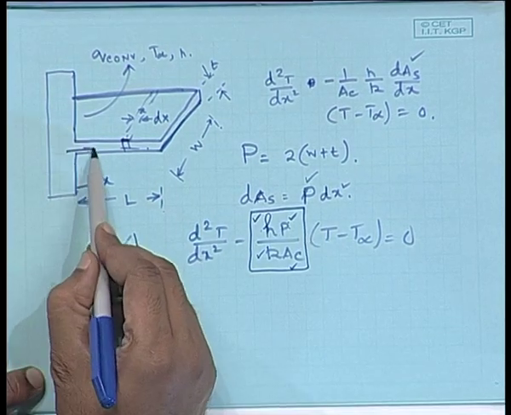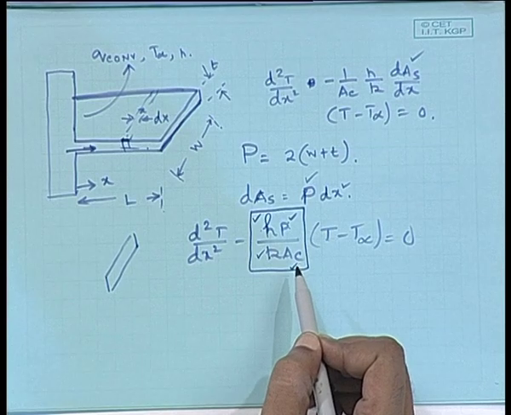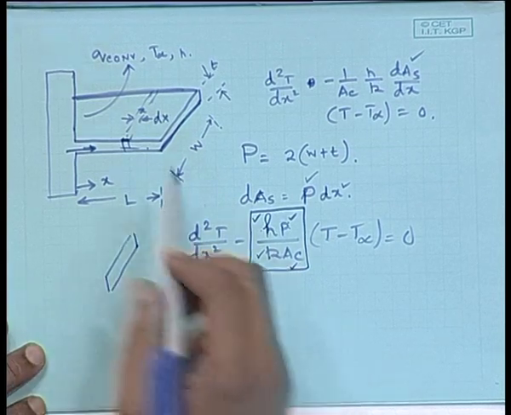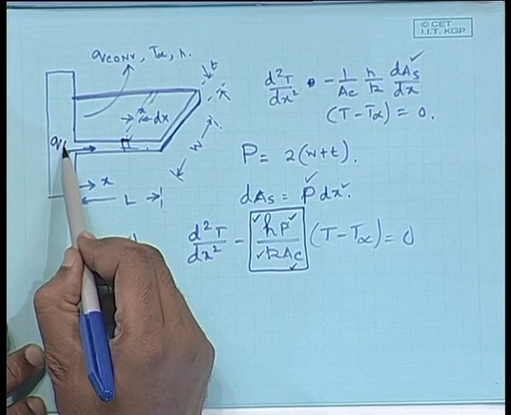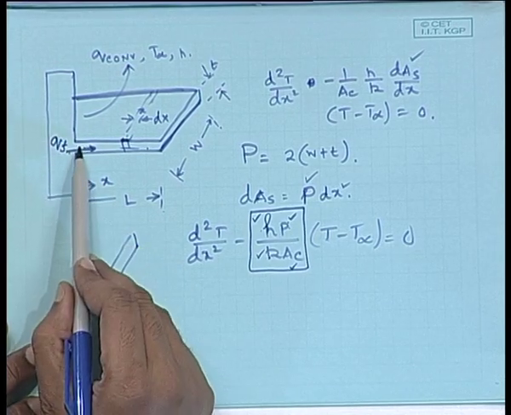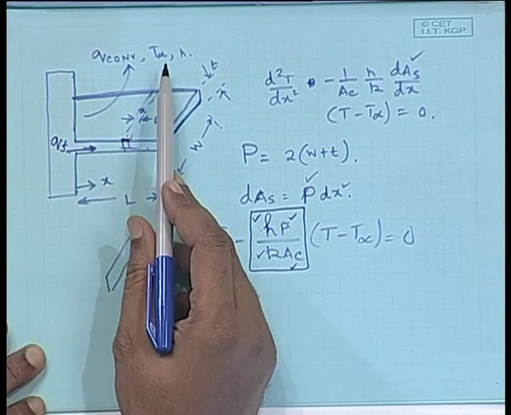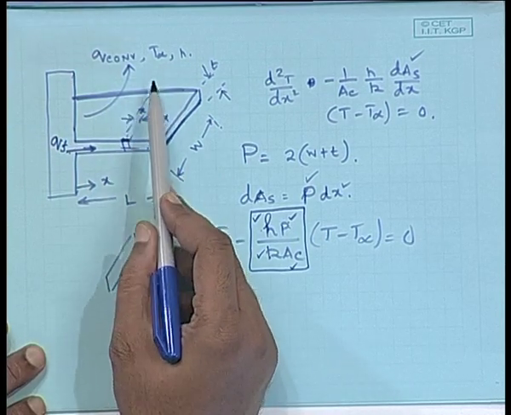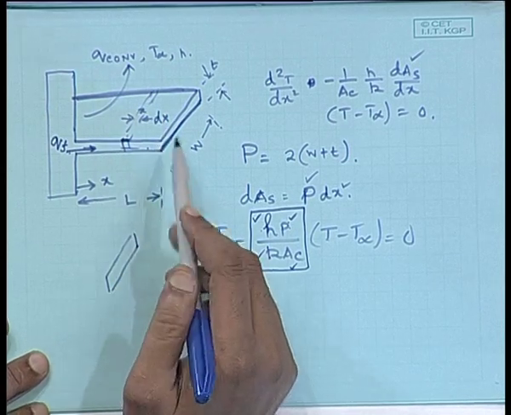Now, that we can do by common sense, or we would be able to do by mathematics as well. Now, what happens is the base of the fin is getting some amount of heat. The fin is getting the heat only from the base, and then it is going to convect the heat out as we move towards the periphery of the fin.